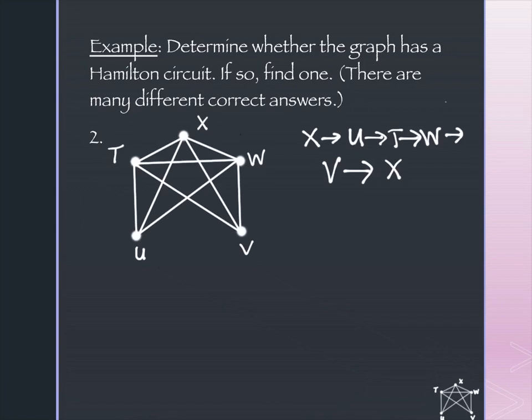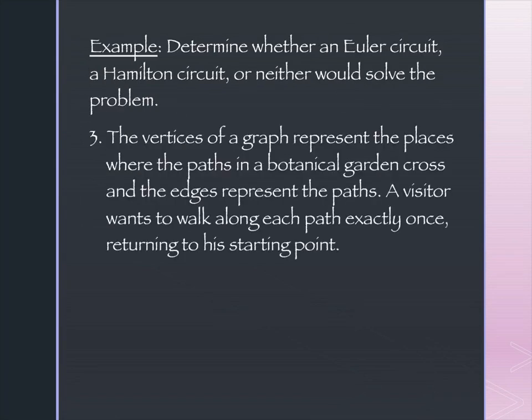All right, so I gave an example, the progressive dinner, which is an application of a Hamilton circuit. There are going to be some other ones where they give you an application, and you try to decide whether it's representing an Euler circuit, which means you cross every edge once, or a Hamilton circuit, which means you hit every vertex once. So this one says the vertices of the graph represent the places where the paths in a botanical garden cross.